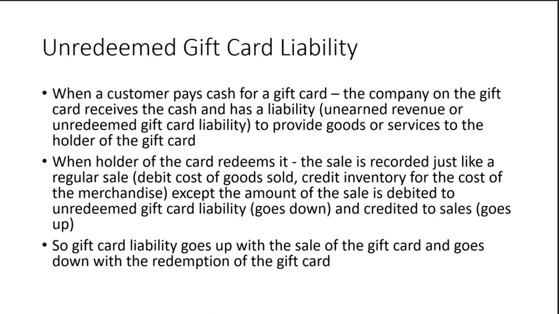If Giant sells it for them, they're going to take a little fee for selling it, but Burger King's going to get the money, they're going to have the cash, and they're going to have a liability, unearned revenue, or if you're being very specific, unredeemed gift card liability. And Burger King then has an obligation to provide goods or services to whoever holds that gift card. All right?